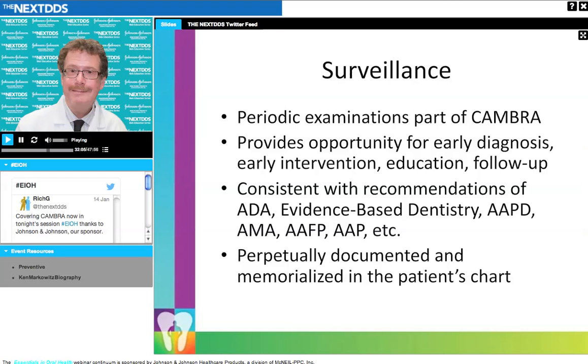Okay, so an important part of caries risk management strategies is follow-up and documentation. Most of our schools have Axiom, have different sort of methods of recording and hanging on to information.